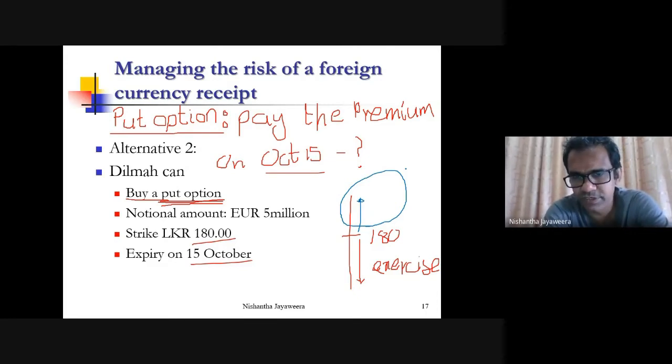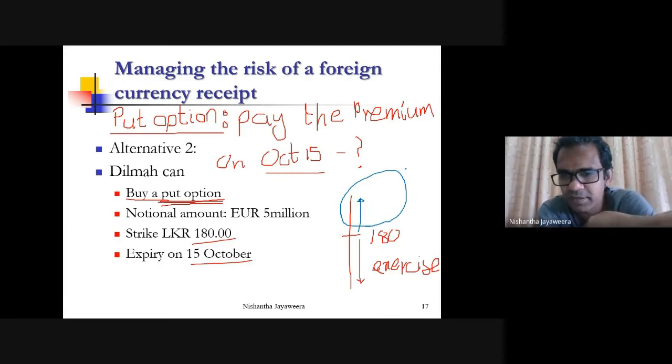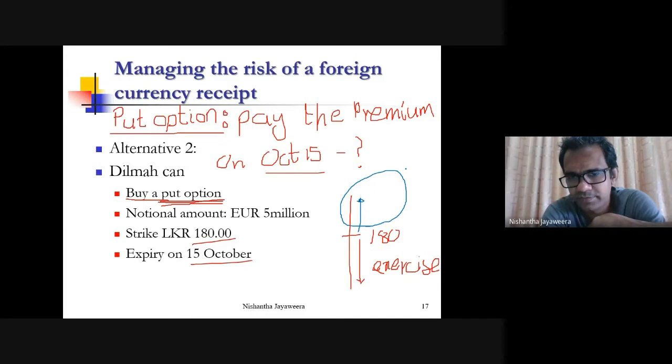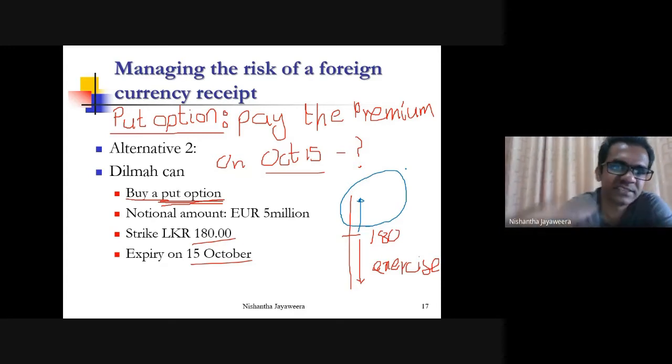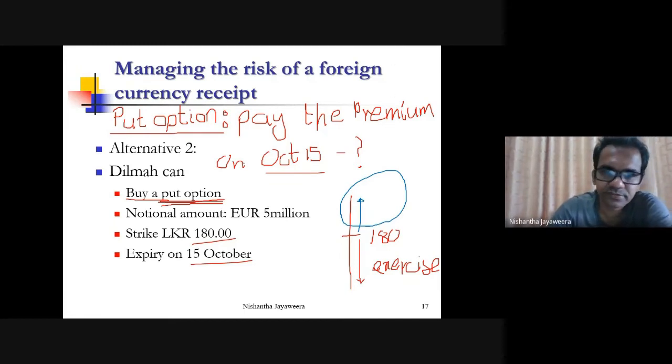But in a put option, you pay a premium. By paying a premium, you keep your upside open. If the market moves in your favor, you can get that advantage. But if the market moves against you, still you can do the trade at the agreed rate.